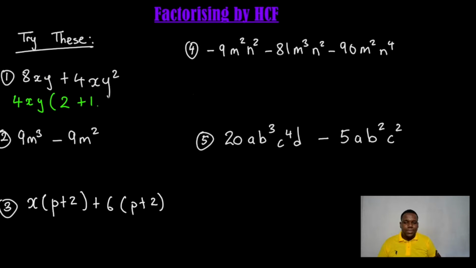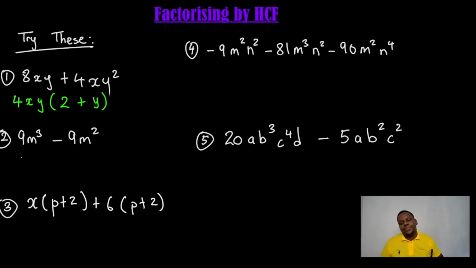X into x goes 1 times, y into y squared goes y. So it'd be 1y, and again, we don't have to write the 1. So our answer is 4xy bracket 2 plus y.